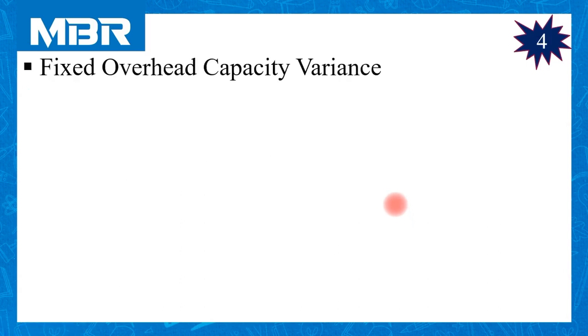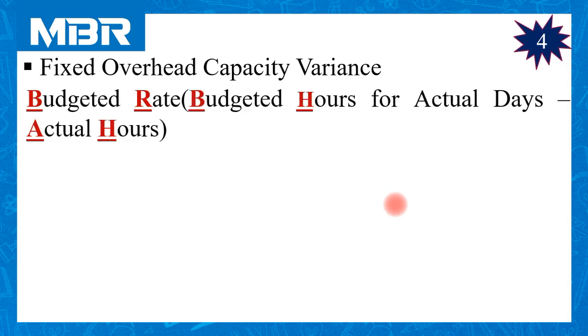Then fourth, fixed overhead capacity variance. Generally we calculate fixed overhead calendar variance at fourth place. But in this question, calendar variance is not possible as the information of days is not given. So we need to upgrade the number. Now fixed overhead capacity variance is at fourth place.